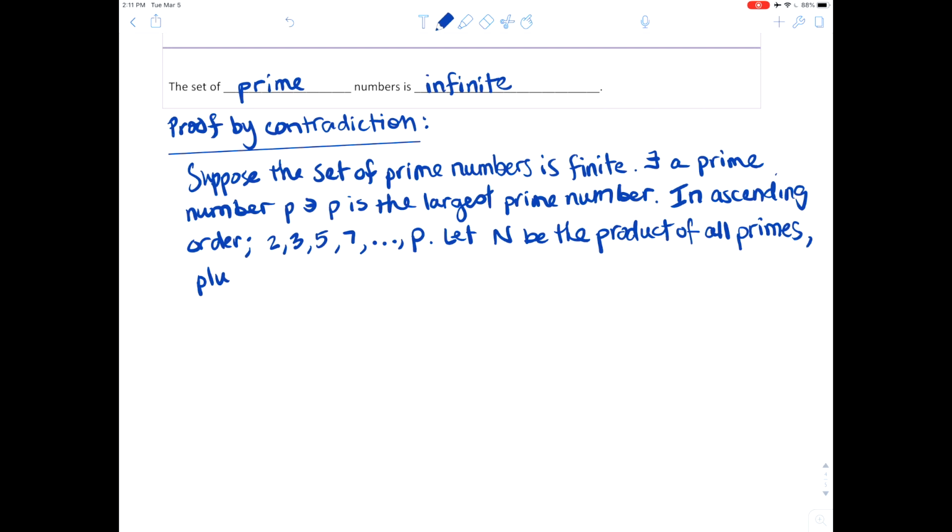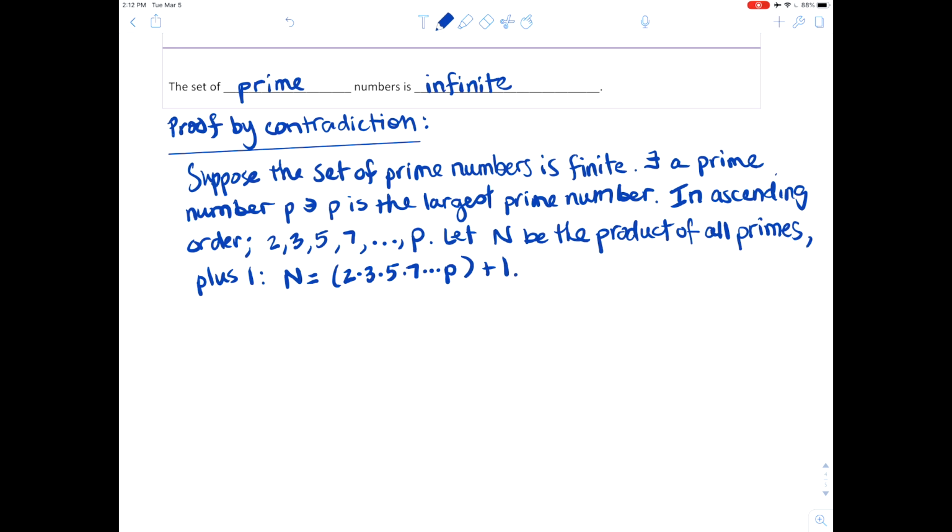Okay? So what's that going to look like? N would equal 2 times 3 times 5 times 7 times p, and then plus 1. Cool so far?